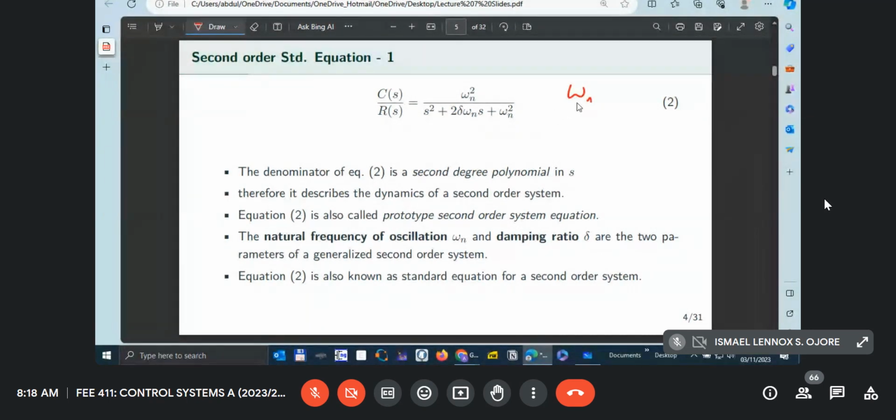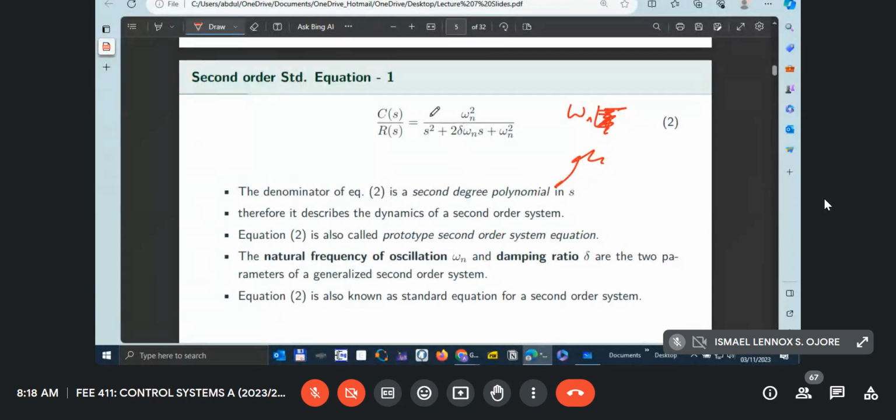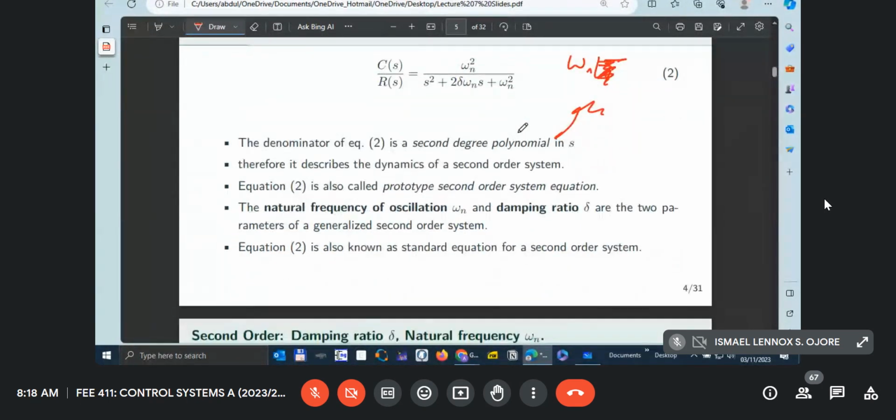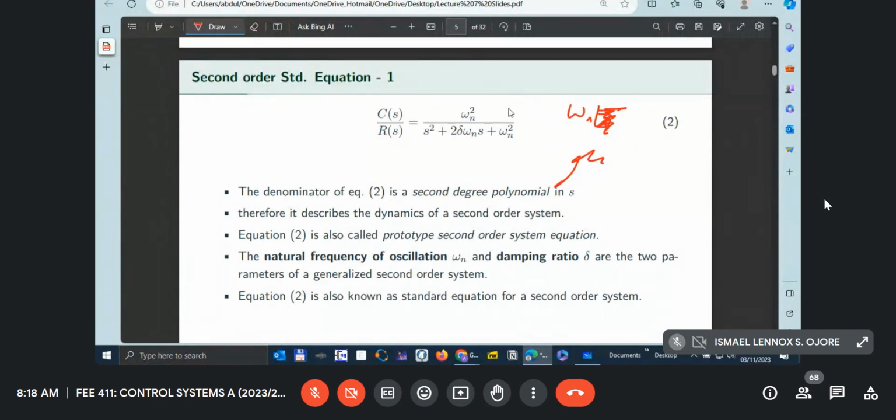Okay, omega n, which is natural frequency, and delta, which is damping ratio. All right. So the denominator of this equation is second degree. That's why we call this a second order system. And there are two variables that characterize a second order system.